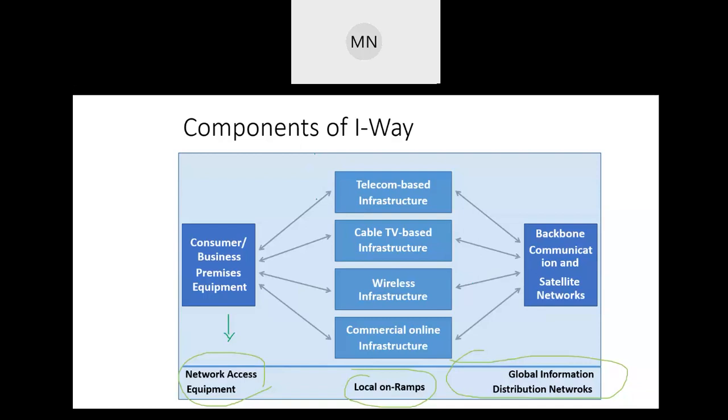There are certain infrastructures through which users can connect to the global information distribution network. Those infrastructures are telecom based infrastructure, cable TV based infrastructure, wireless infrastructure, and commercial online infrastructure. These are the different infrastructures that allow users to connect to the global information network.